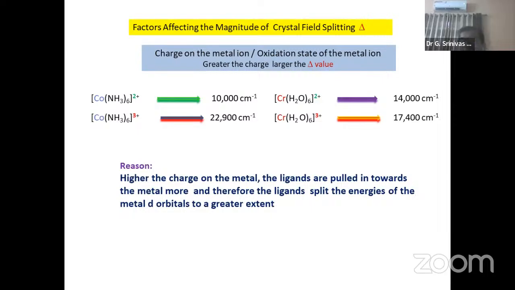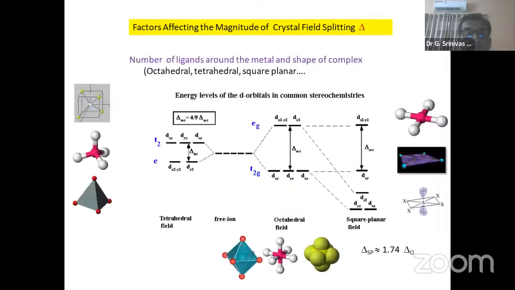The reason: the higher the charge on the metal, the more the ligands are pulled in towards the metal, and therefore the ligands split the energies of the metal d orbitals to a greater extent. That means the energy gap between t2g and eg will be high, and eventually the CFSE value is also high. So this is how the charge or oxidation state of the metal ion influences the CFSE value.